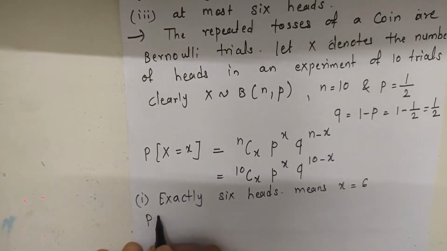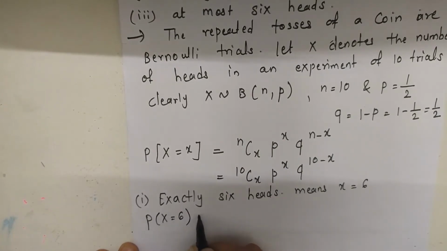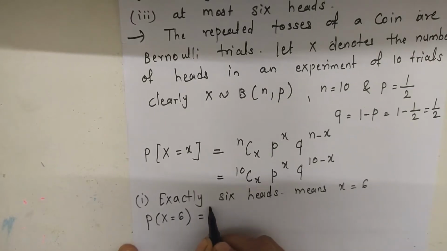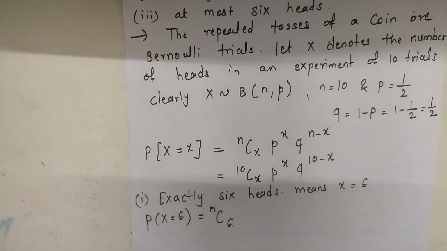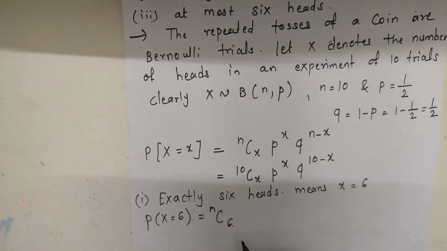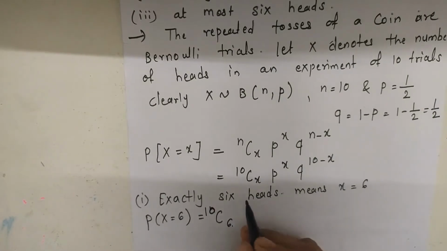Now probability for x equal to 6 can be written as nC6. Here n is equal to 10, so it can be written as 10C6.